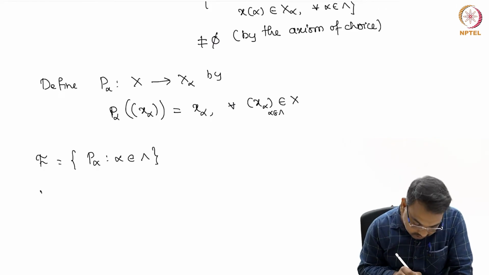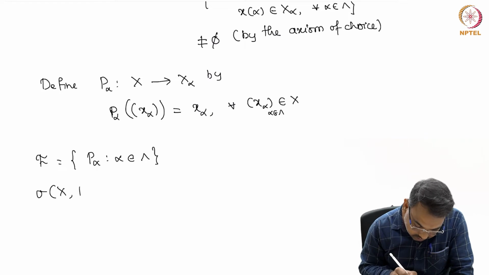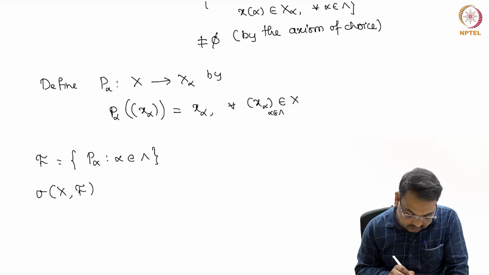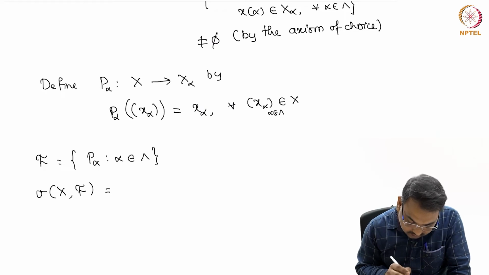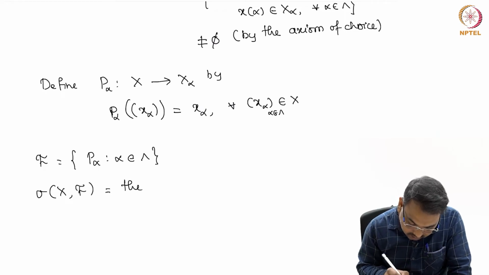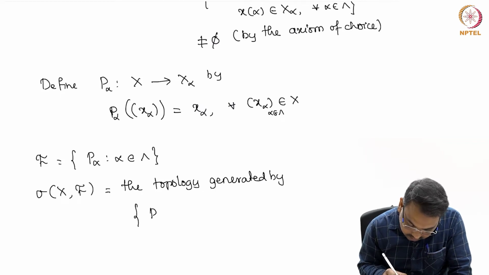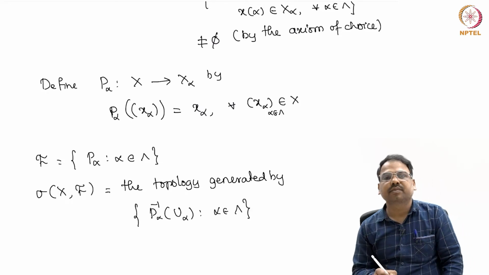The weak topology generated by this family of functions on the space X is nothing but the topology generated by the collection p alpha inverse U alpha, where alpha is coming from lambda.